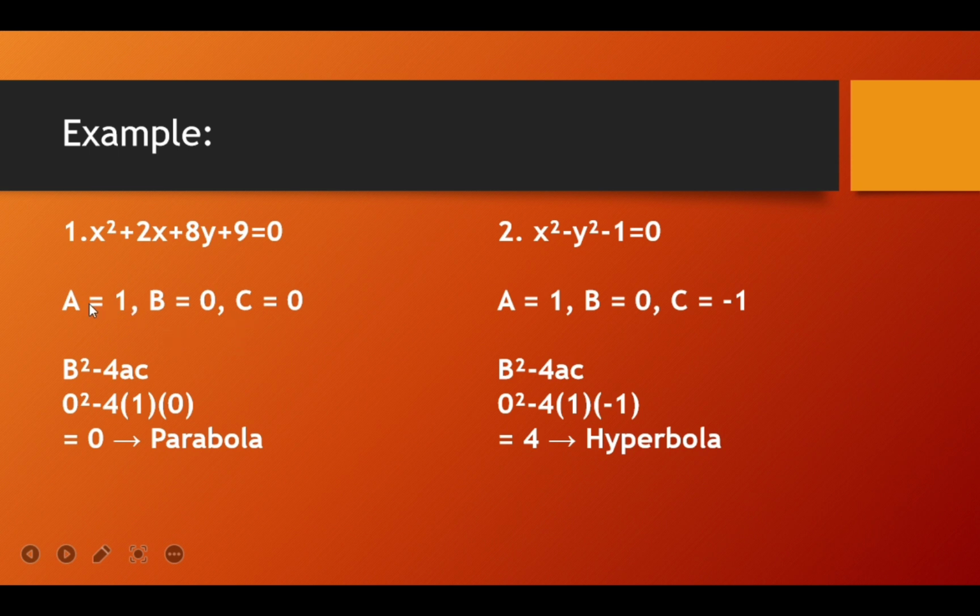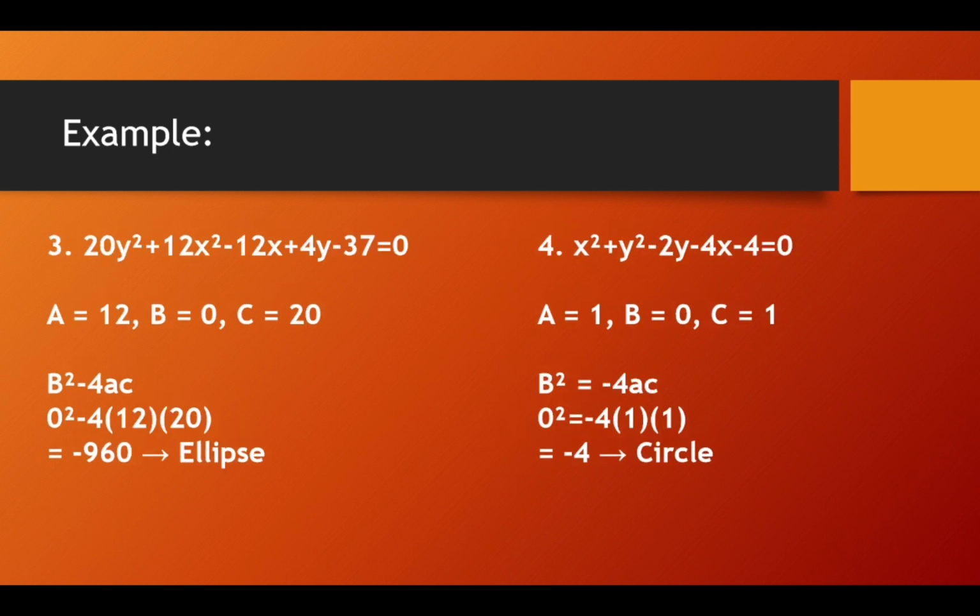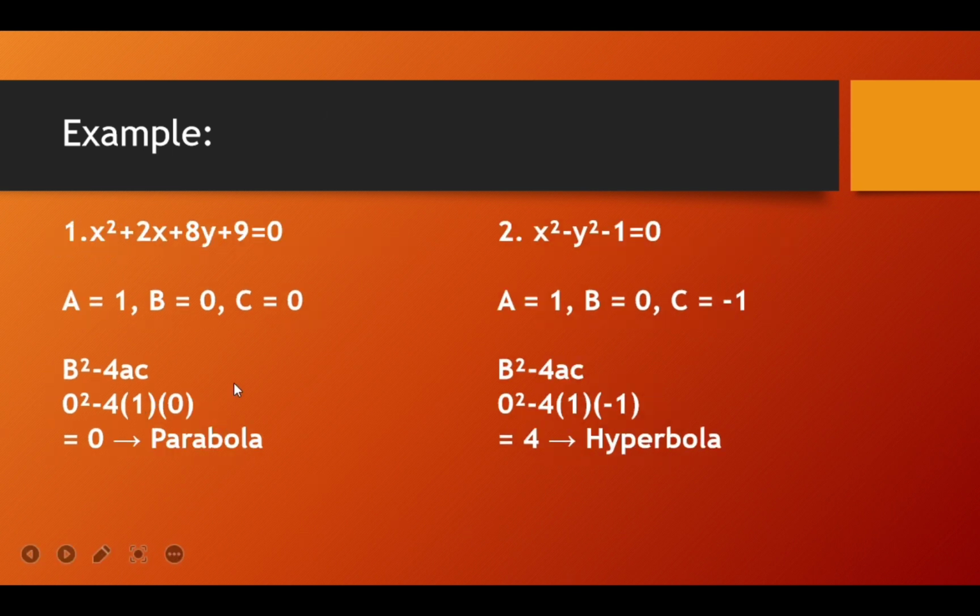So a is 1, b is 0, and c is 0. Then compute the conic discriminant.